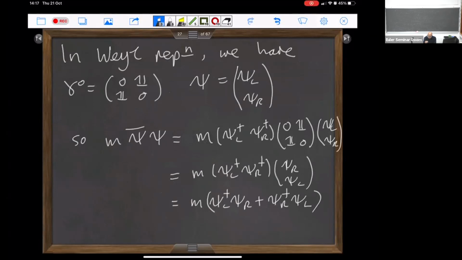So one of the exercises we had before was to write down this mass term in the Weyl representation. We have gamma 0 given by this matrix, and if we work out what m psi bar psi is in terms of the left and right-handed components, we see that it couples together the left and right-handed components in this way.